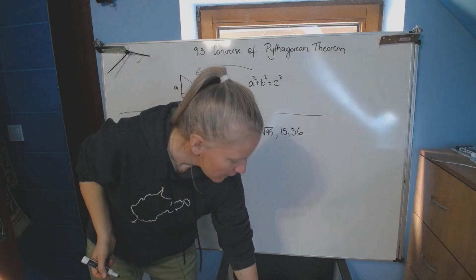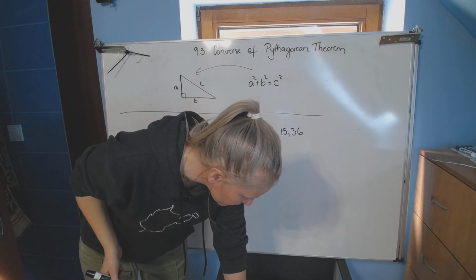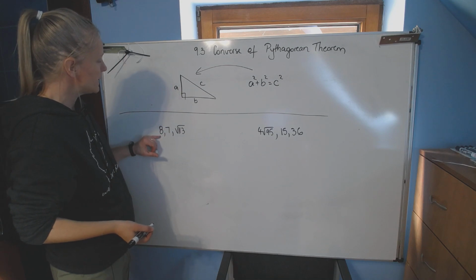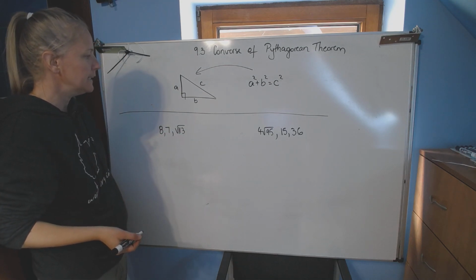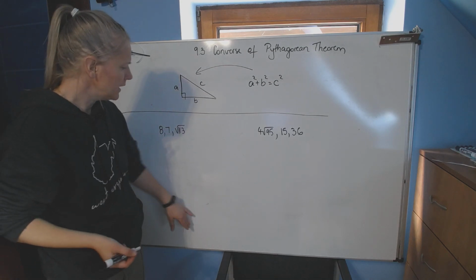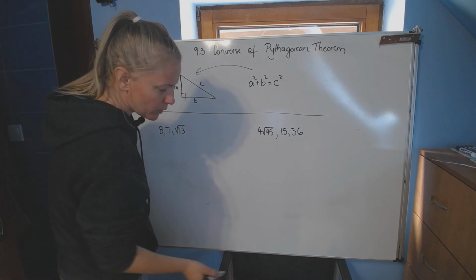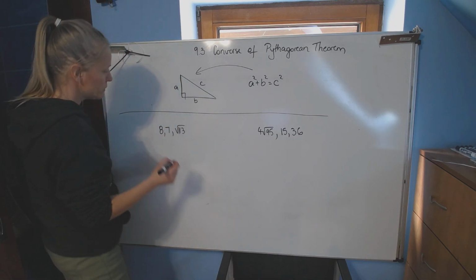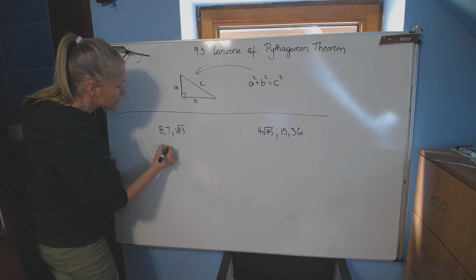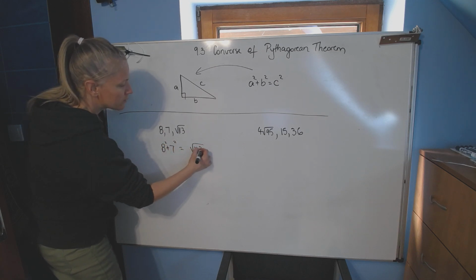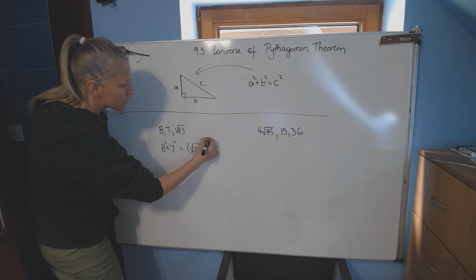I didn't draw the triangles in example 1. By the way, we are on 543. On part A, you have a 7 and an 8 and a square root of 113. And it's going to ask you, is this a right triangle? Well, if you look at the drawing, square root of 113 looks like the hypotenuse, which means does 8 squared plus 7 squared equal square root of 113 all squared?